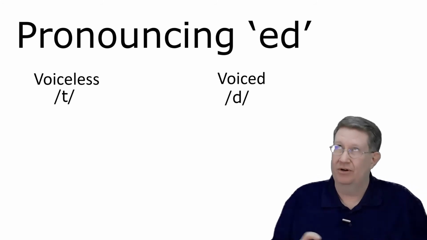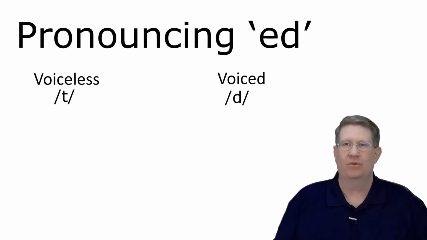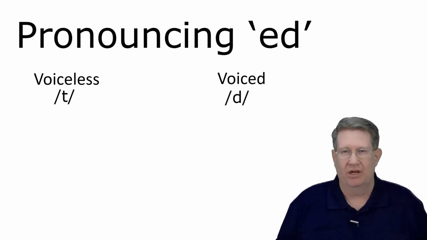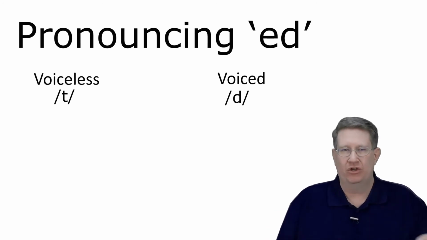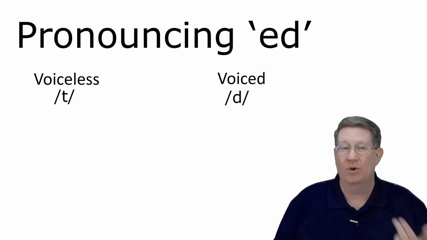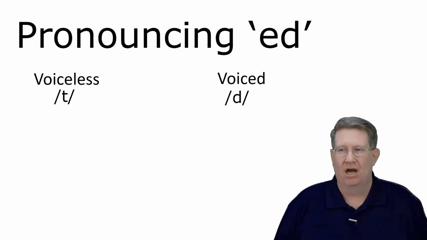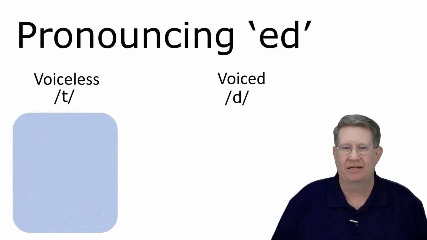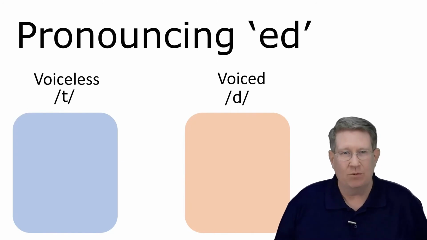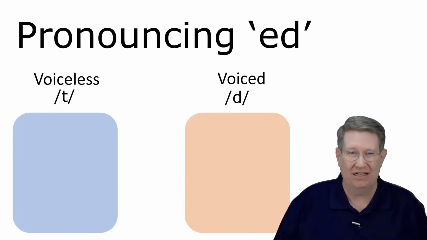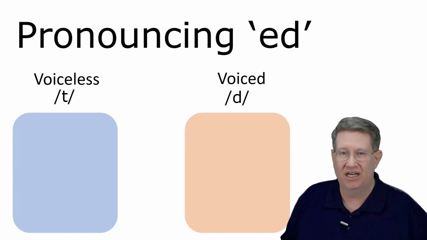They're consonant pairs, and we can use them to make minimal pairs where the only difference between two words will be this one sound, if I'm using my voice or not. Okay. All right, let's take a look at some ed words, some words that end in ed, and we'll figure out if I should make a t sound or if I should make a d sound.